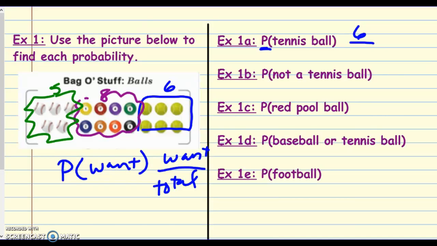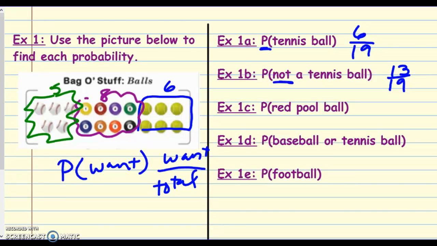So for a total, 5 and 8 is 13, plus 6 is 19. So I have a 6 in 19 chance of pulling a tennis ball if I was to reach into that bag. So if 6 out of the 19 are tennis balls, how many are not tennis balls? Well, then I go back and look at my 5 and my 8, which is 13. And again, I have a total of 19 in the bag.